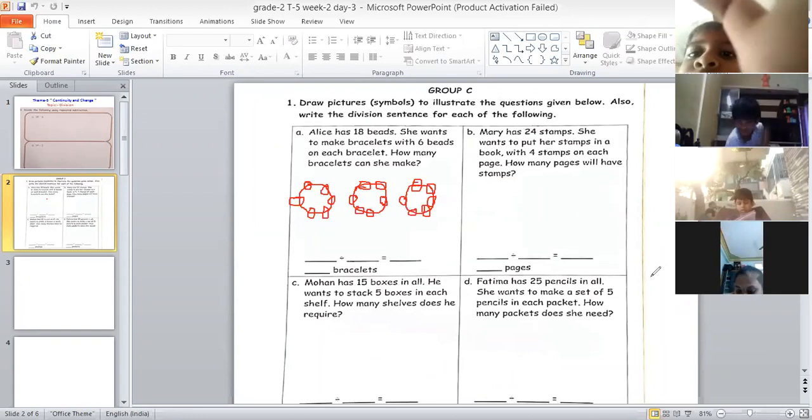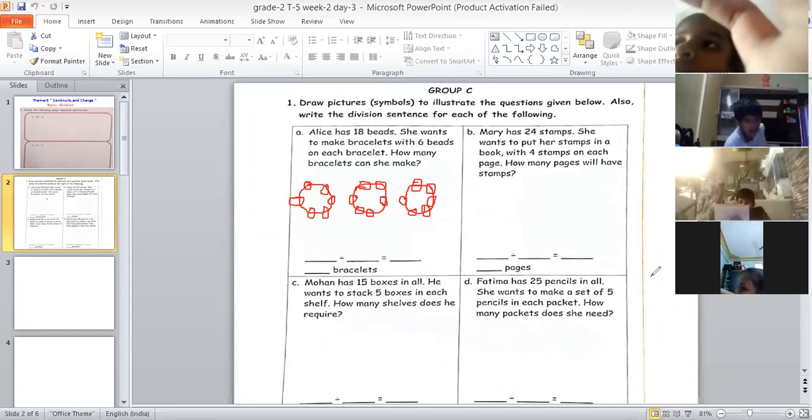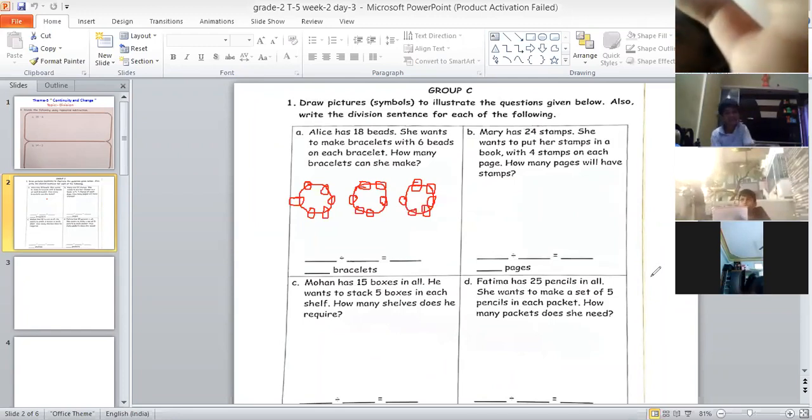Misbah, can you count and tell me how many bracelets we got? Look at your screen. How many bracelets are there?